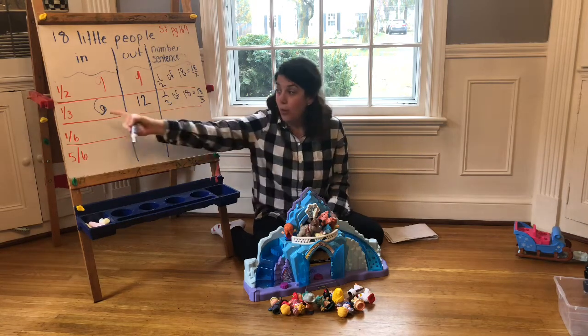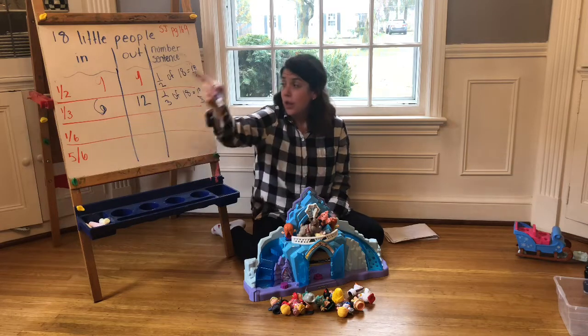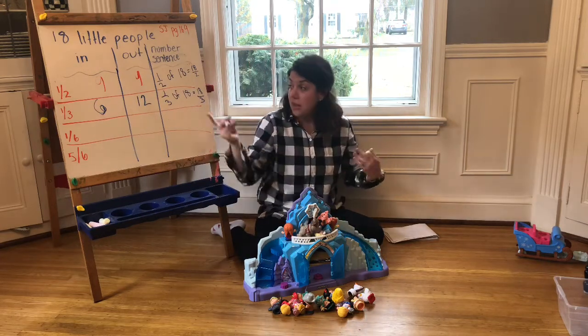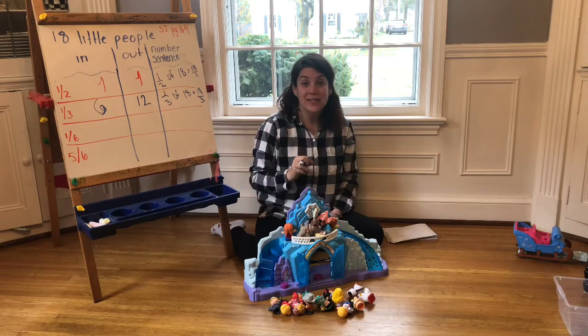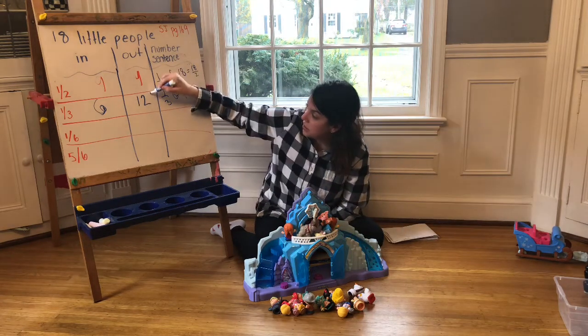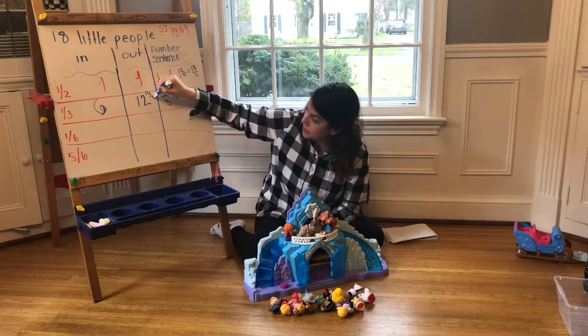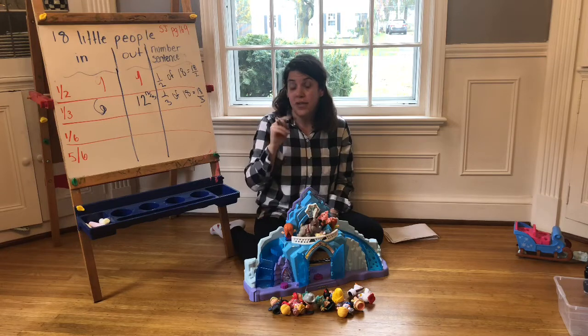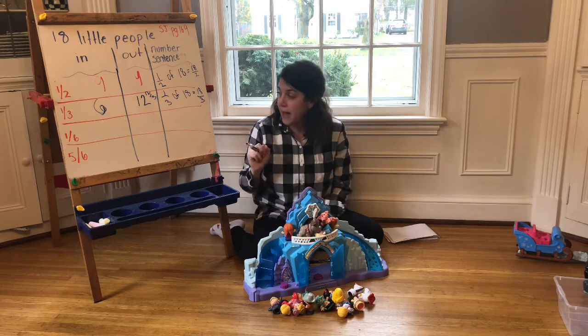So if 1/3 is in, 3/3 would be 18. Then what would be the fraction that is out of Elsa's Castle? Think about it. I'm hoping you were thinking 2/3. 2/3 would be out of Elsa's Castle.